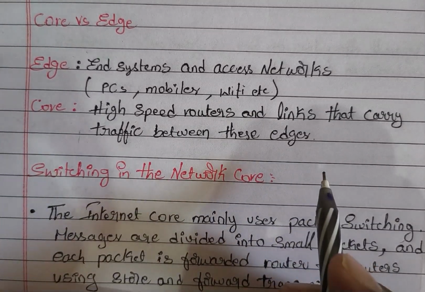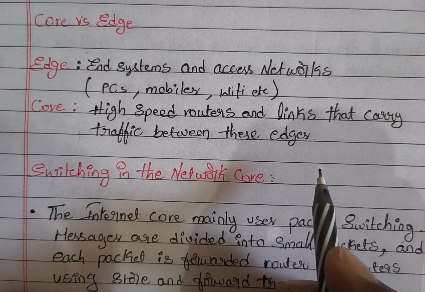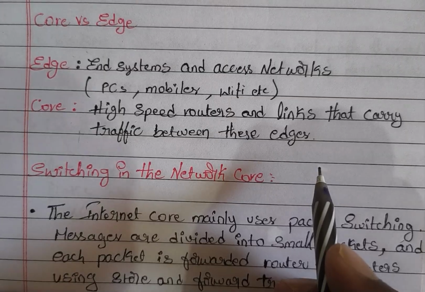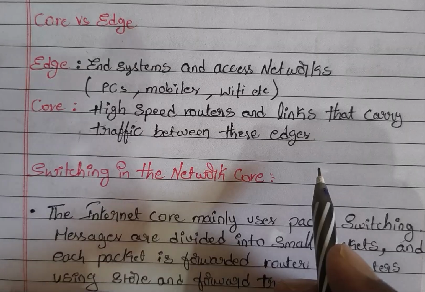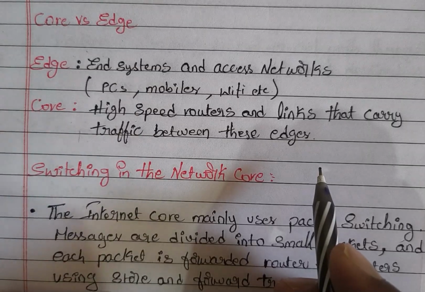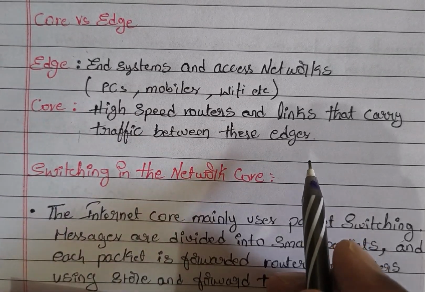Between them we have R1, R2 and R3, R4 and the switch. These are all the core, and the links between the routers and the switches and between system A and R1 are also a main part of the core.